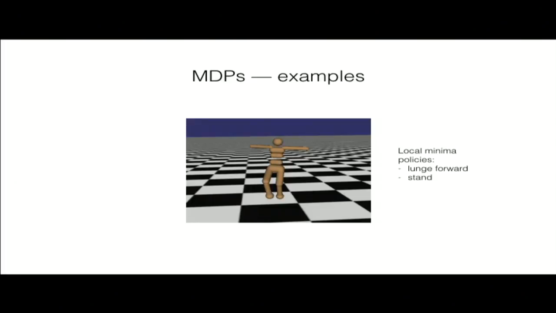It's going to lose out on the falling over reward, but if you just start out, you're going to fall over anyway. So that's one kind of local minimum you get, and the other is you just stand still and don't even bother to move forward, because it's hard to successfully move forward and stay balanced.